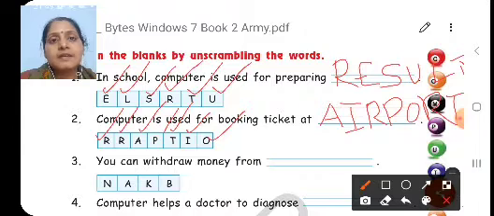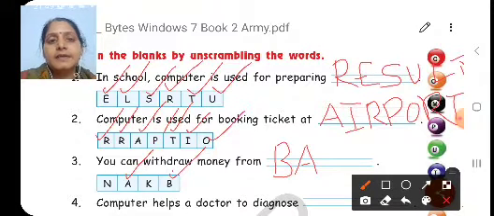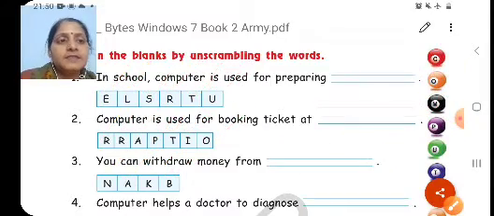First letter is B. Take B from here and write here B. Then you will take A and write here A. Then you will pick N, and then K. So it becomes B-A-N-K, bank.